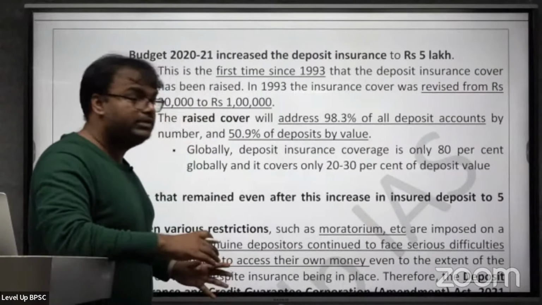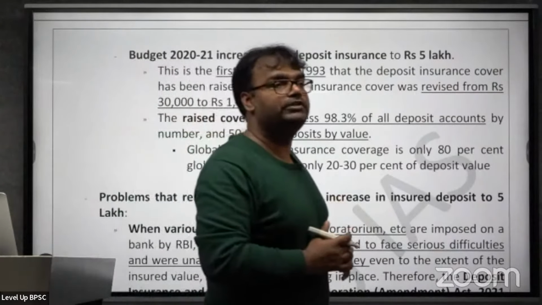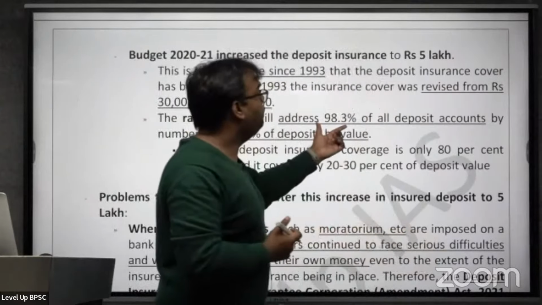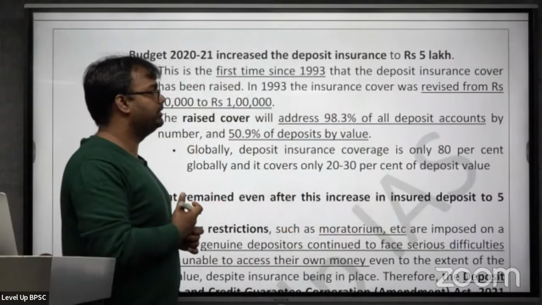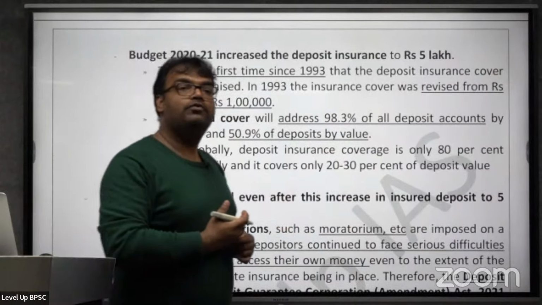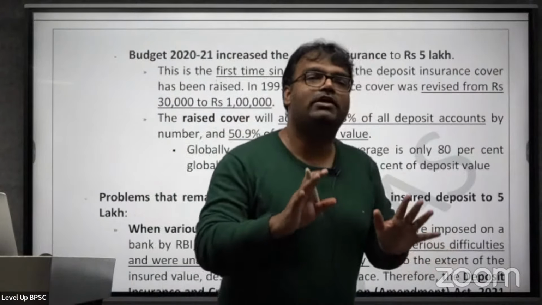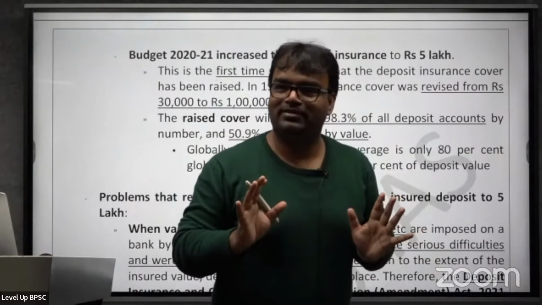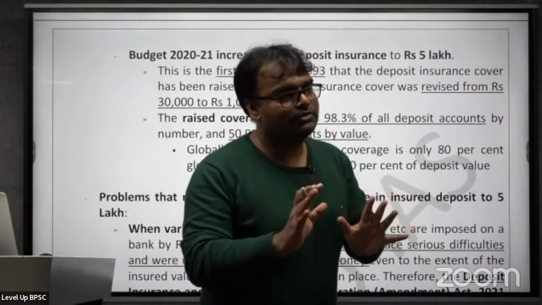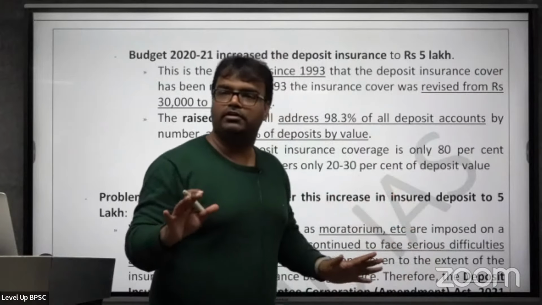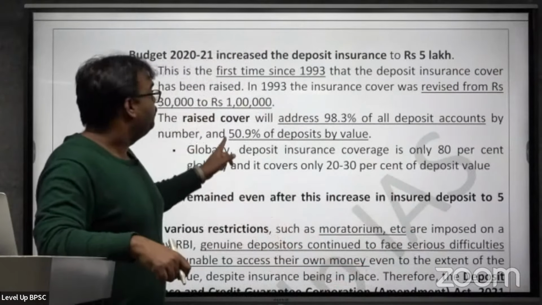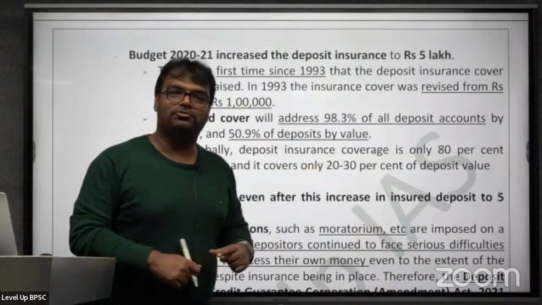Fine. Now with this 5 lakh coverage, 98.3% of all deposit accounts are fully covered. That is, more than 98% of the deposit accounts have less than 5 lakh rupees in them. And 50% of the deposit value are covered.